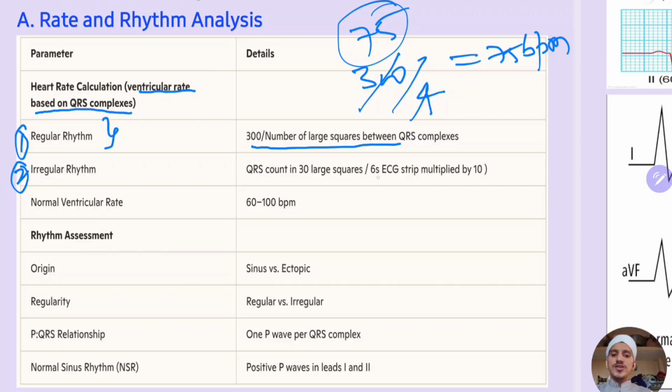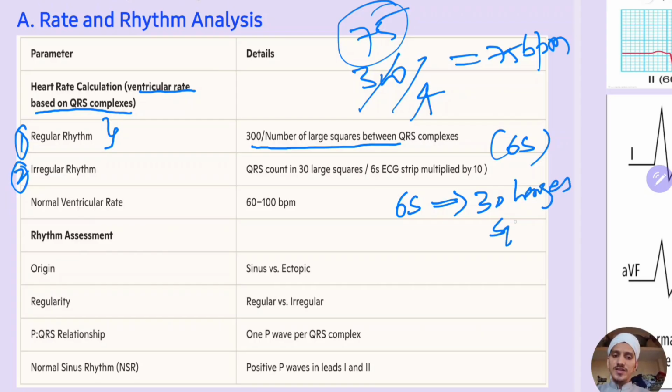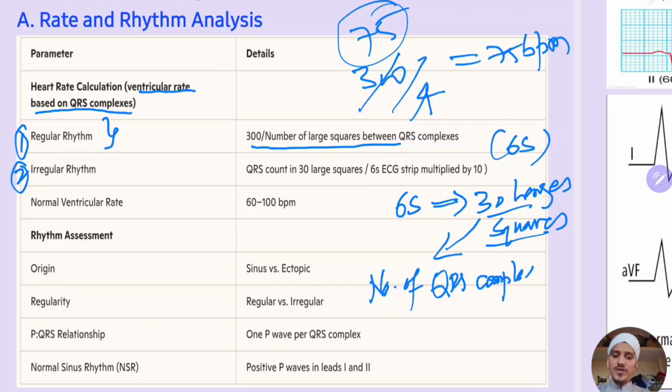What you should do is calculate the ventricular rate by the 6-second method. What is the 6-second method? Normally, in 6 seconds there are 30 large squares of ECG. So you calculate the number of QRS complexes in those 30 large squares.